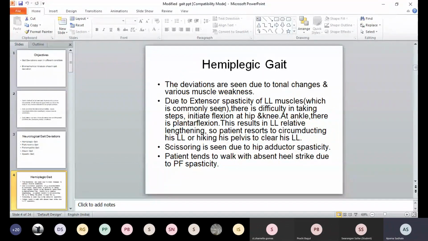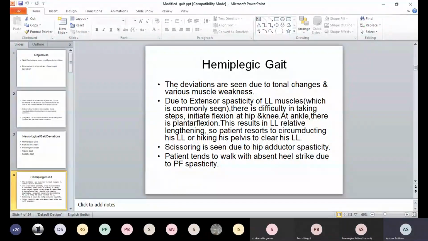So now imagine all these flexion movements help us to do what? They help us to shorten the limb, correct? Because of flexion, the limb length shortens. It's not true shortening, but what we call apparent shortening. Because of hip flexion, knee flexion, and dorsiflexion, we can shorten our limb length, which is not possible now in hemiplegic people because of spasticity in the extensors of the lower limb.